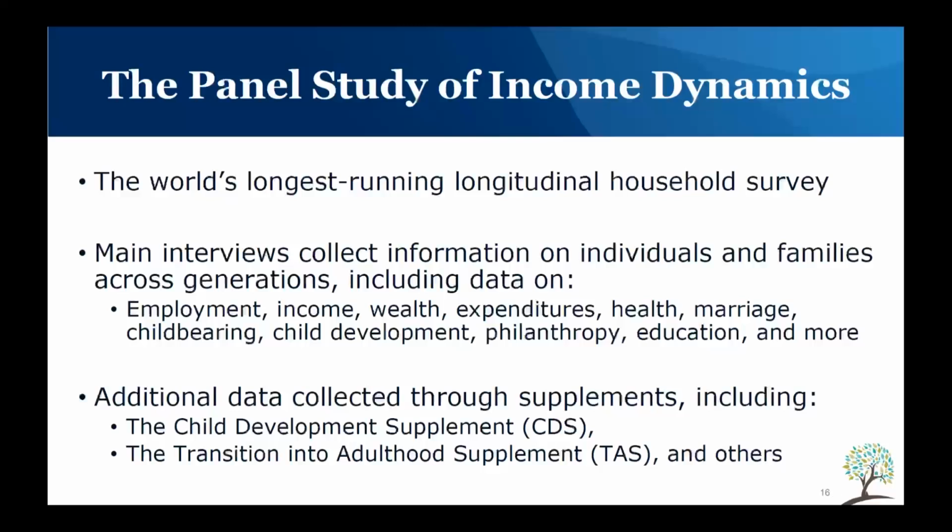Additionally, additional data that you can connect to all of this core data that we're going to be focusing on here are our ongoing supplements. So we have information on children who are age 0 to 17, where we have actual supplements for them specifically, and that look at children and their primary caregivers. And then also the Transition into Adulthood Supplement, or TAS, that looks at individuals who eventually will be these core respondents in our core PSID study, who are between the ages of 18 and 28.